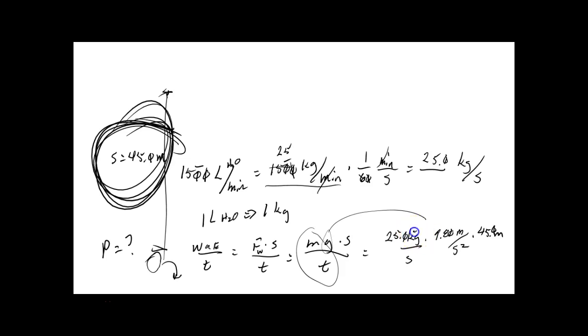A kilogram meter squared per second squared, that's a joule. And a joule per second, that's a watt. You got it. So multiply those together: 25 times 9.80 times 45, and that will be how many watts you have.